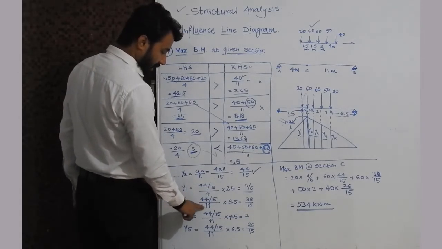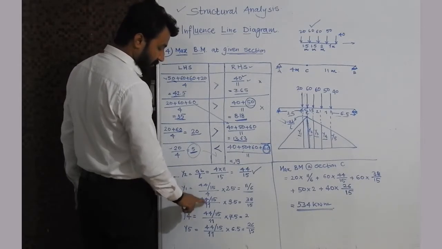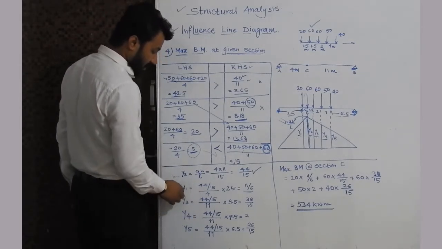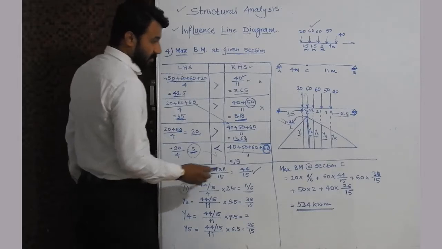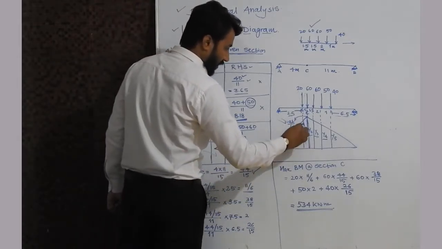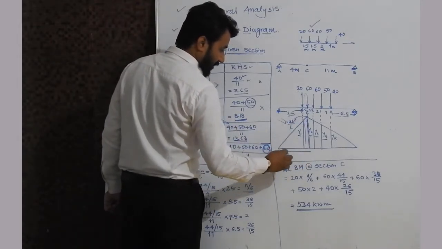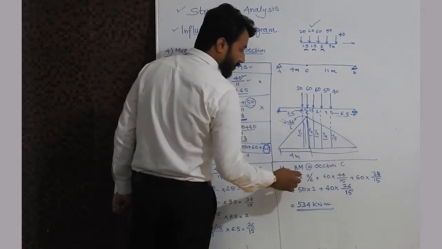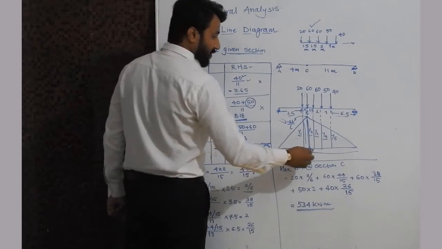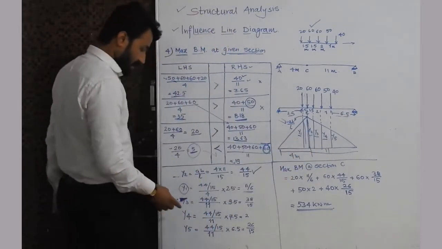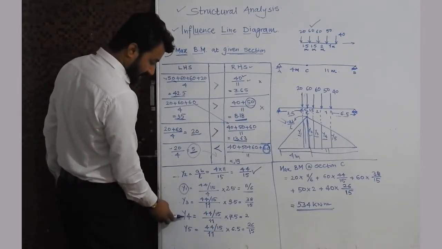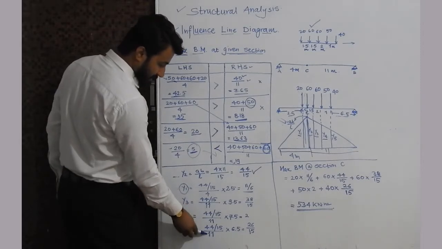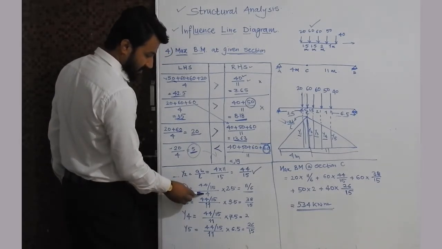For Y3, 44/15 divided by 11. Now at this point we are taking 11, and at this point we are taking 4. Y1 is on the left side, where the distance is 4 meter. Okay, and the remaining Y3, Y4 and Y5 are on the right side, which has a length of 11 meter. That's why for Y3, Y4 and Y5 we are taking 11 meter, and for Y1 we are taking this distance as 4 meter.